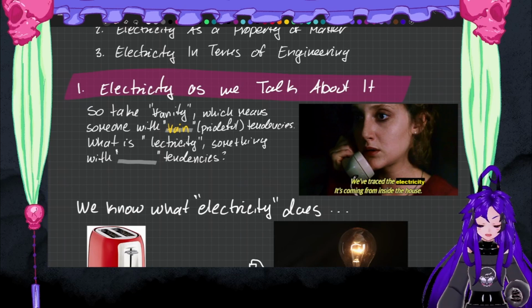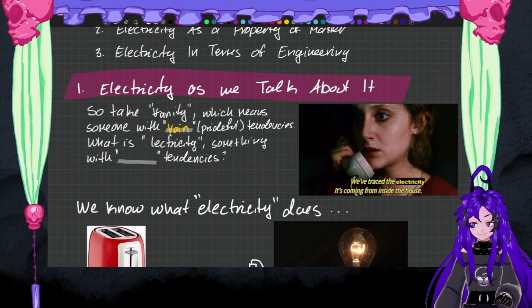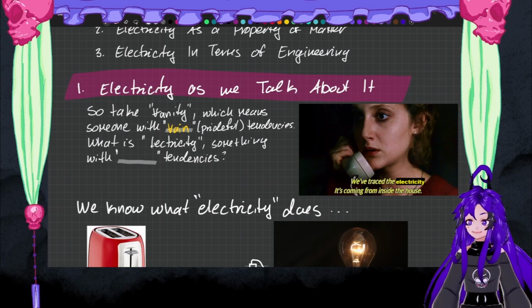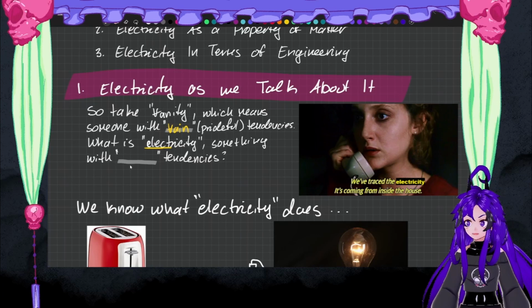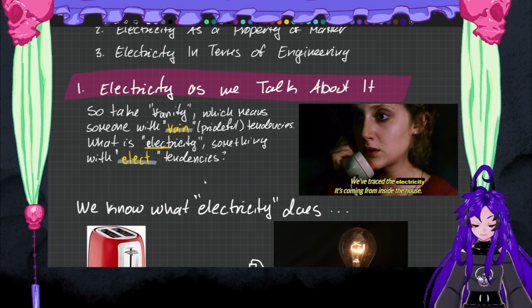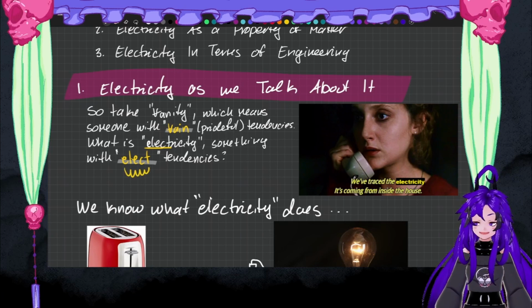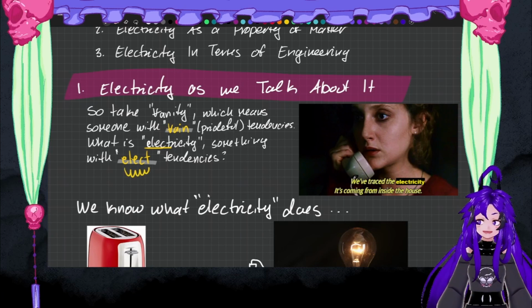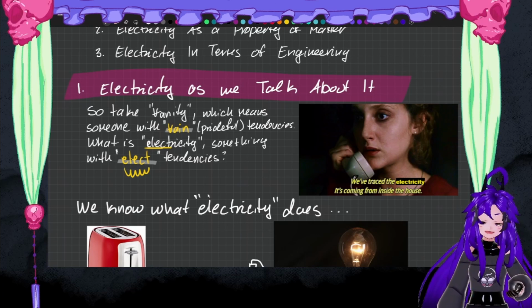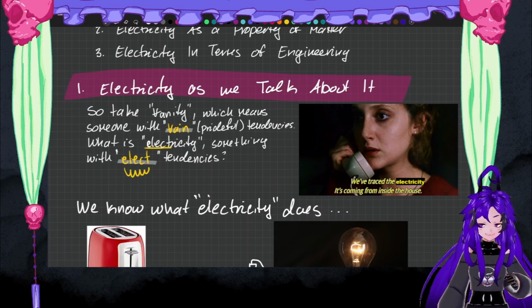Well, if we take that same approach, electricity must be something with elect tendencies. Great. So something about the cascade of letters elect implies electricity.